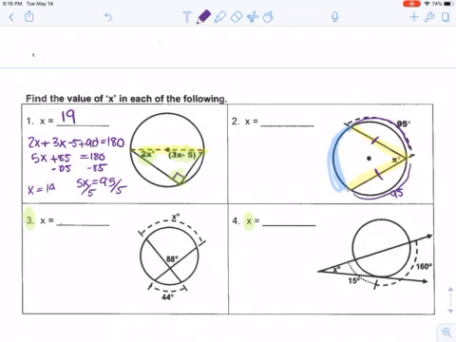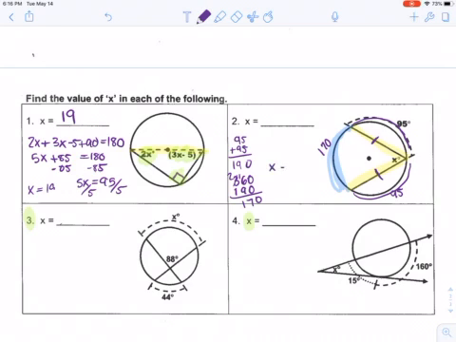And so what is the last arc? Well, we have to add up 95 plus 95 to get 190. And then we're going to subtract 190 from 360. 170. So this arc is 170. Now I can set up my problem.